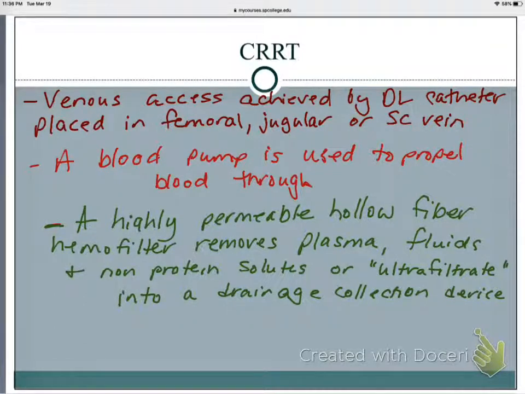These are for life-threatening problems such as people that have really high potassium levels, uremia, pericarditis. So it uses a blood pump, which is a little different, and it has a hemofilter. The rate is about 0 to 500 mLs per hour, just nice to know.